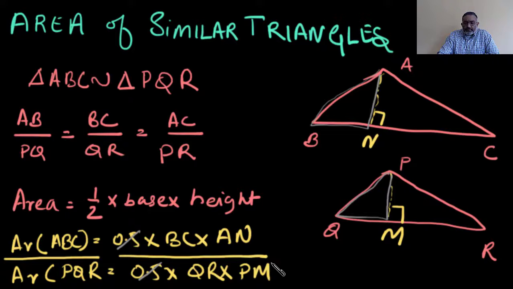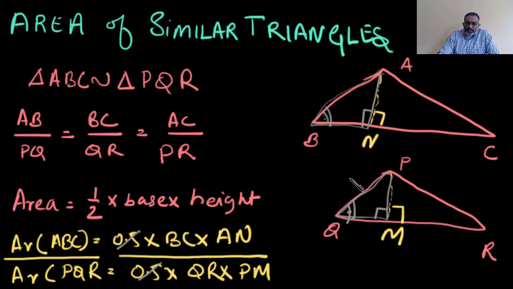All right, we know that these two triangles are similar, therefore angle B would be equal to angle Q. This B and this Q are equal. Similarly, this is 90 degrees and we know that this is 90 degrees as well. Therefore, we have two angles of this triangle and this triangle being equal. These two are in fact similar.